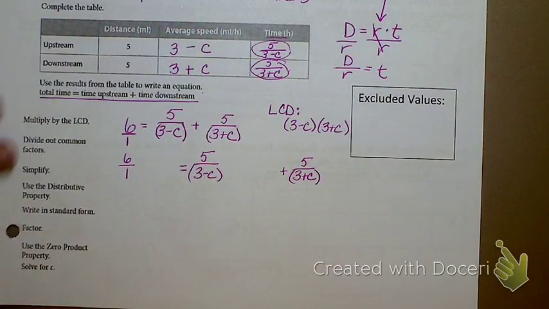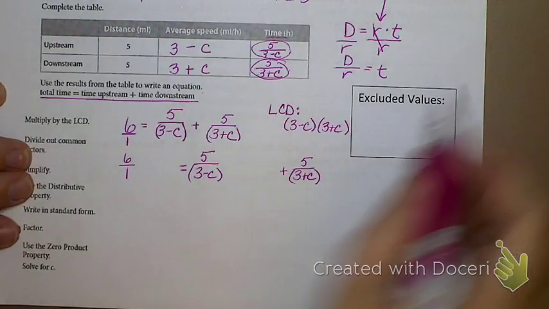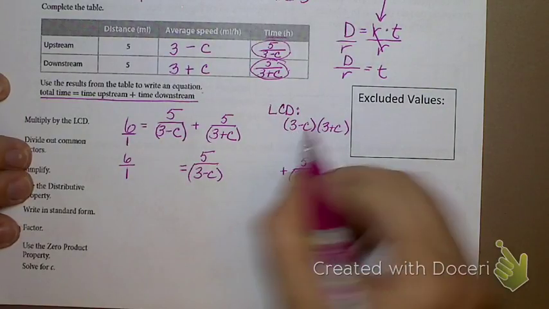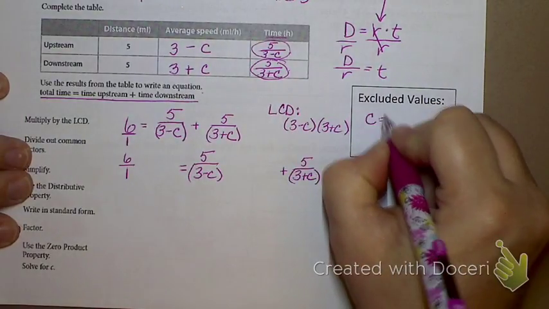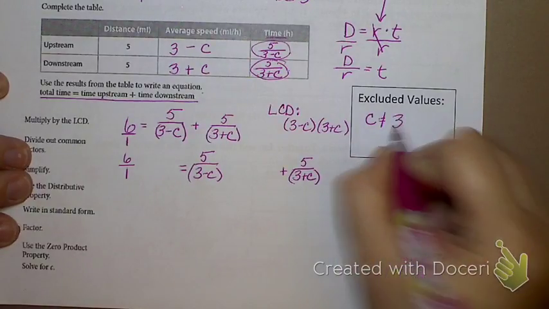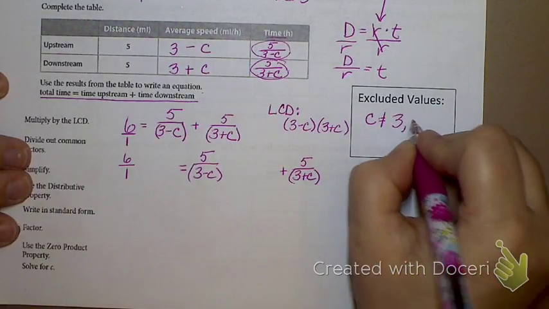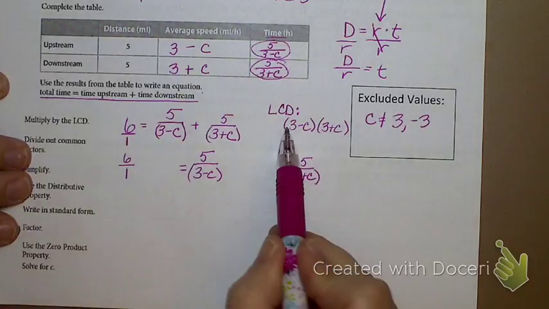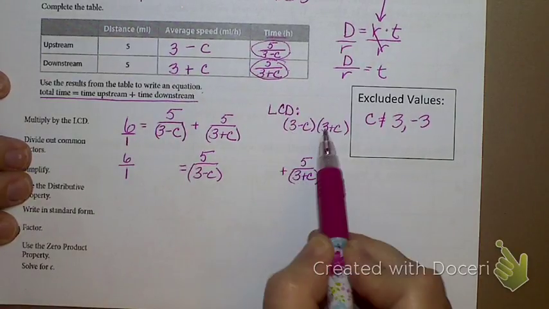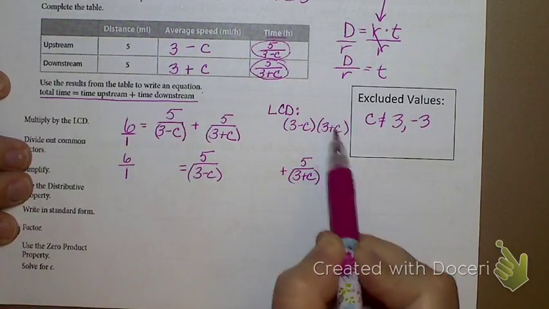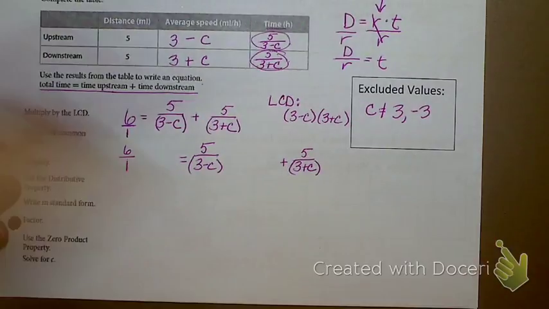Now, before I go much further, should I talk about excluded values from my LCD? What can c not equal? 3 and negative 3. Because 3 minus positive 3 makes that 0. 3 plus negative 3 makes that 0. Okay?